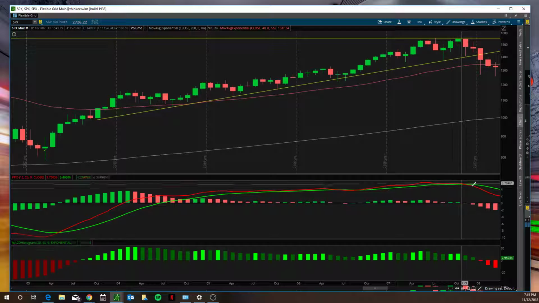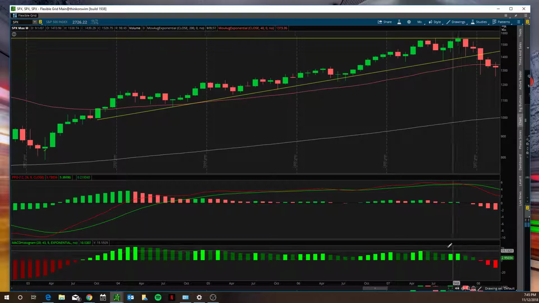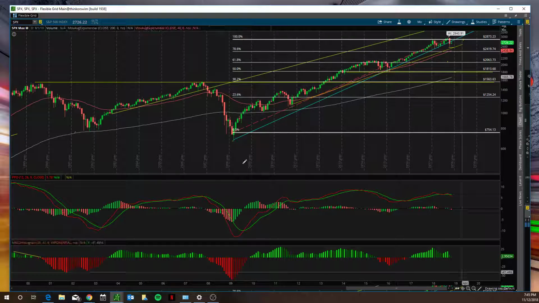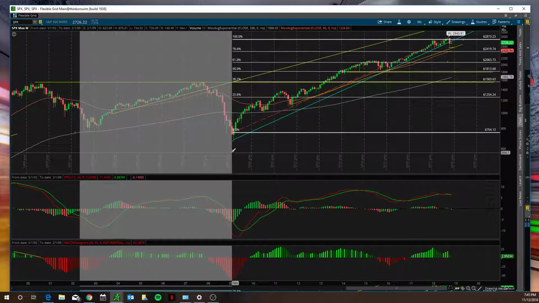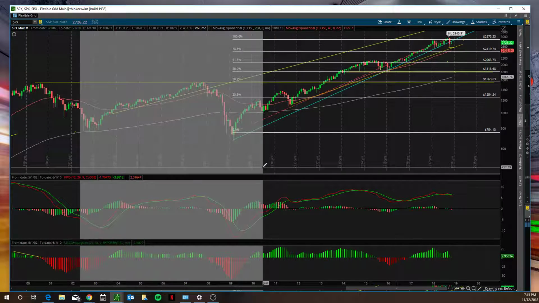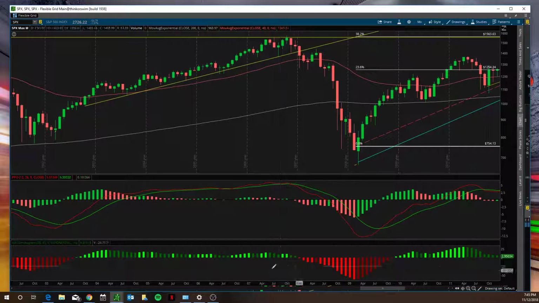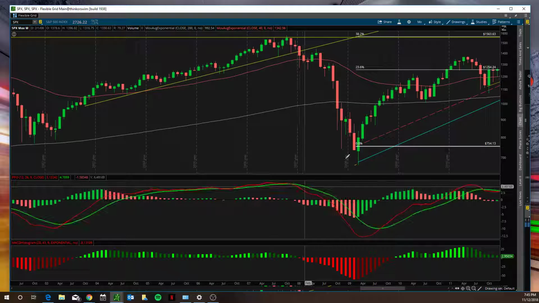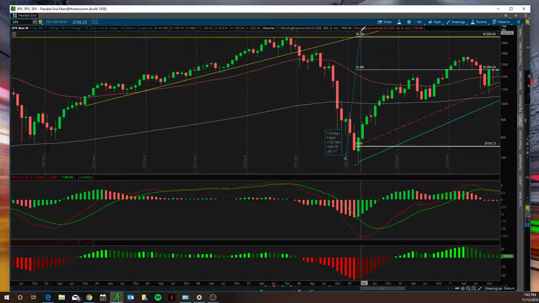You see this red line cross the green line, and you see these green bars getting lower. You can zoom out a bit to see it a little easier. So you can see these green lines getting smaller. The red line crosses the green line, and boom, there is a 138% fall in the market.